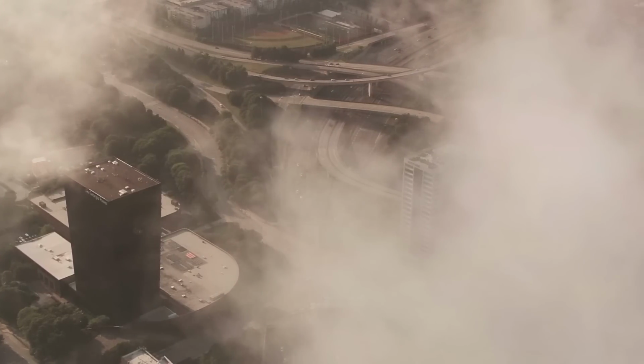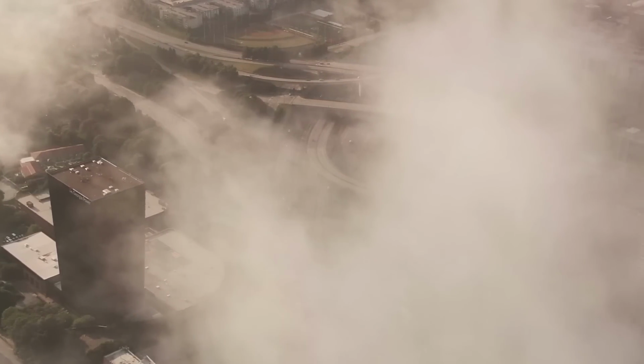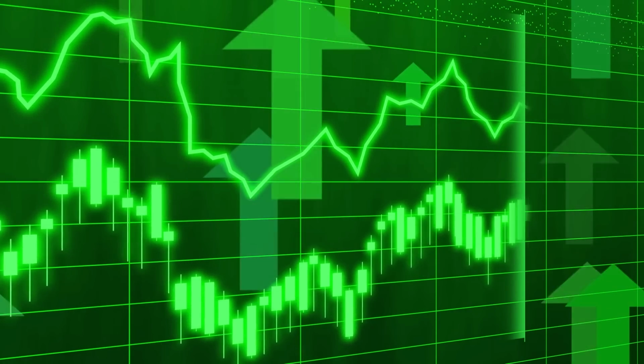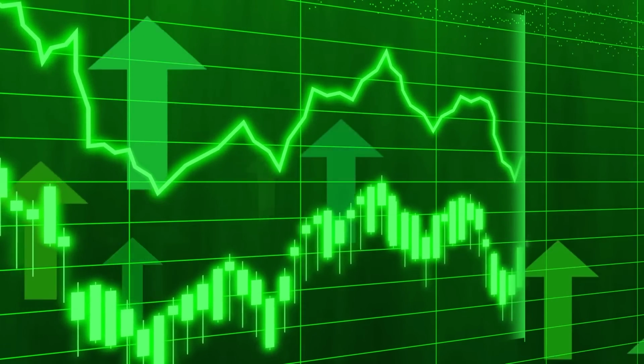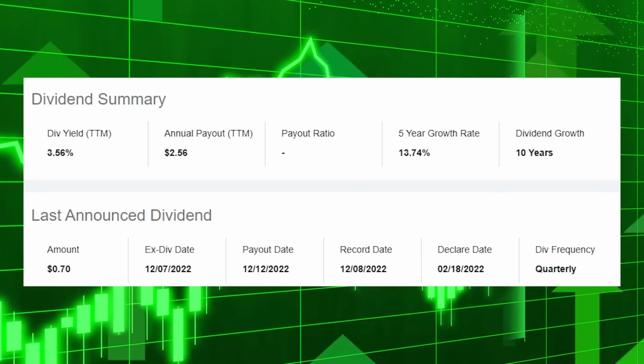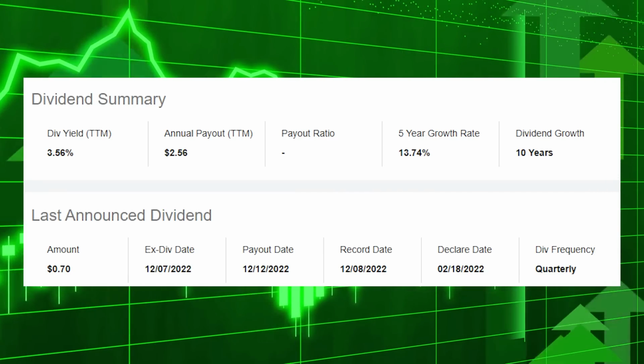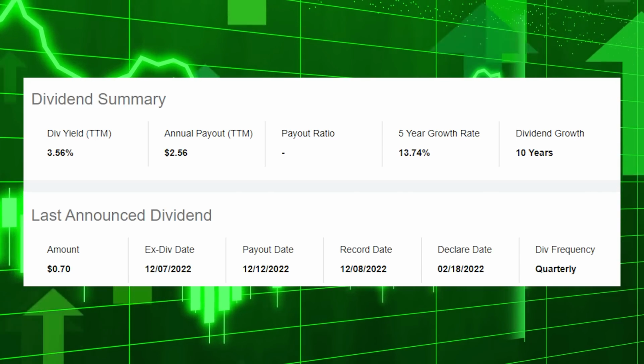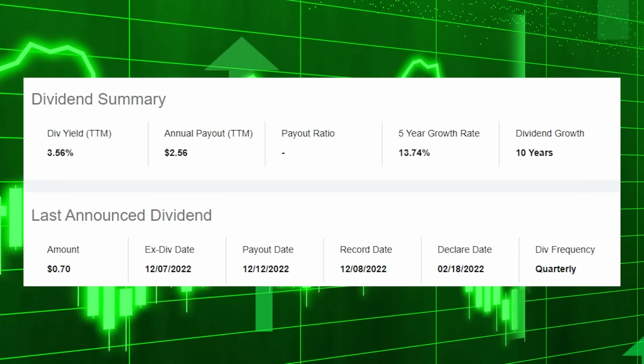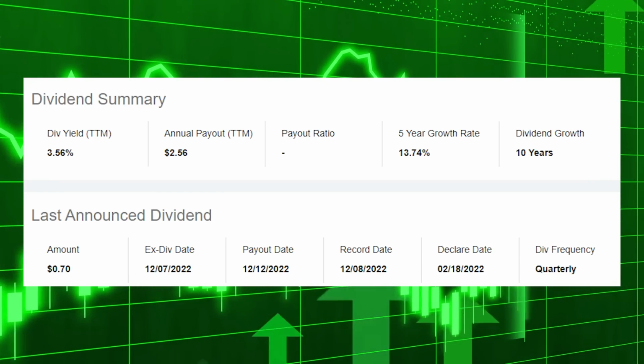With SCHD currently trading in the low 70s, the starting dividend yield is around 3.5%, more or less. But if SCHD were to continue to go down with the rest of the market, let's just say, over the upcoming days, weeks, and months, we could easily see a starting yield of 4%, 4.5%, or even 5%.